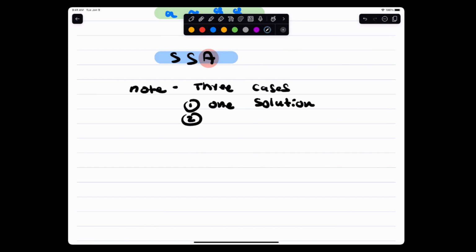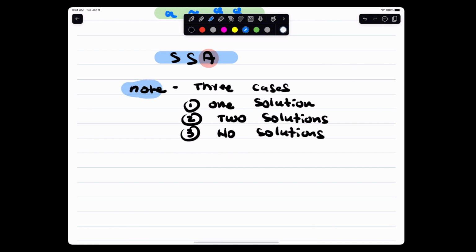Case 2 is when you have two solutions. And then case 3, you have no solutions. One solution, two solutions, and then no solutions. Side-side angle.